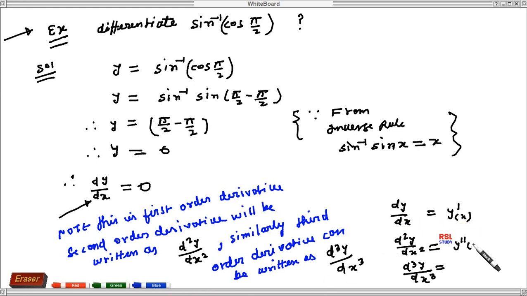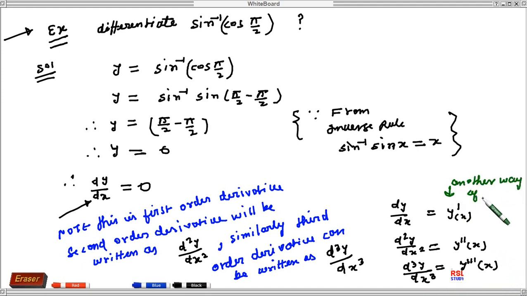Note, the second order derivative can be written like this. Similarly, the third order derivative can be written like this. So these are the short forms of writing. Another way of writing in the short form, we will write like this.